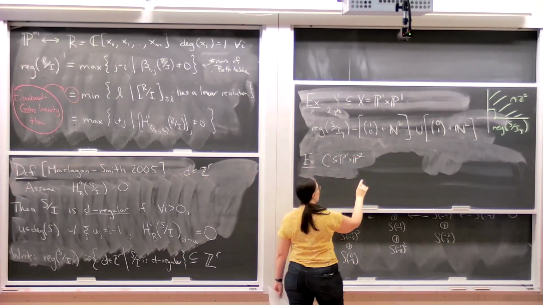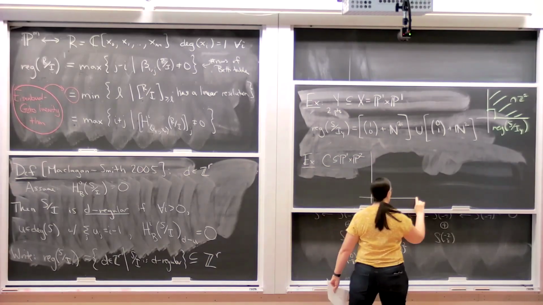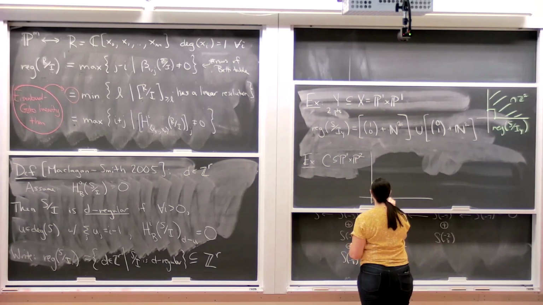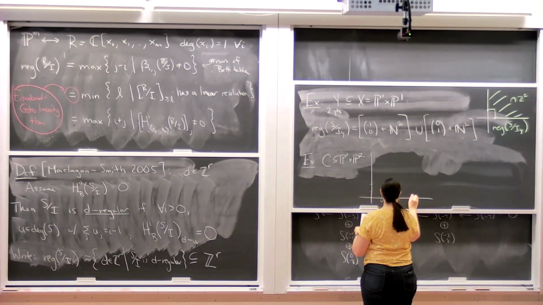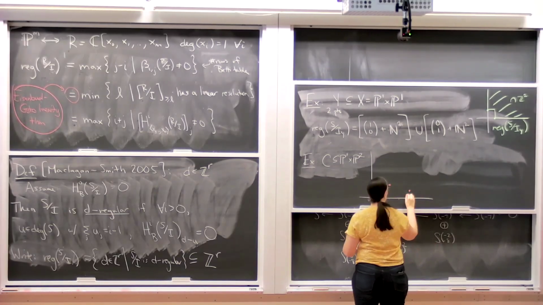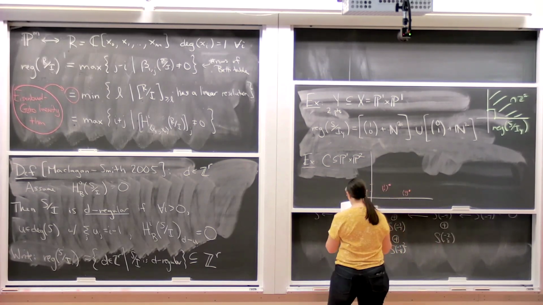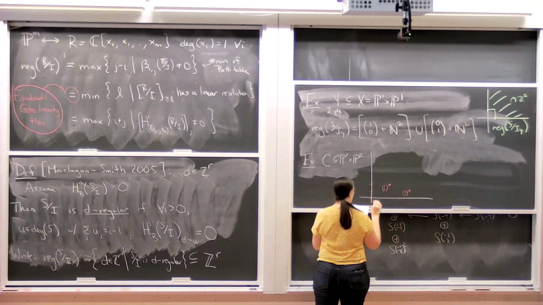All right, so here I have, let's see, 2, 2. I have 4, 1. So this is 4, 1. The numbers aren't so important. And again, Macaulay 2 will do this for you.